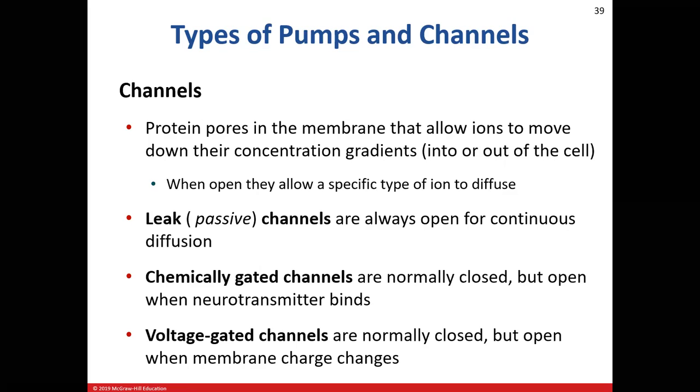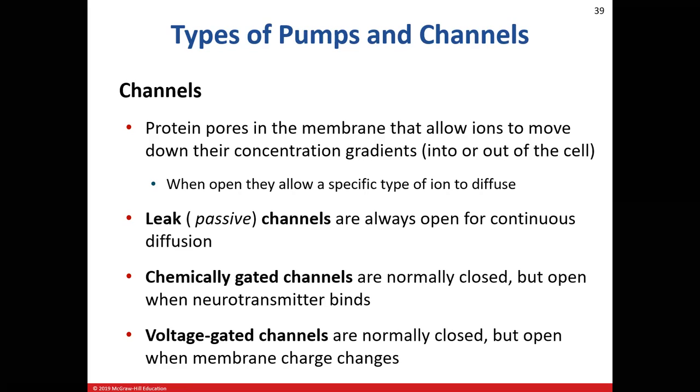Now, channels are protein pores within the membrane that allow ions to move down their concentration gradients. This allows ions to move into or out of the cell, and when they open, they allow only a specific type of ion to diffuse. Leakage channels are a type of passive channel, and they're always open for continuous diffusion.